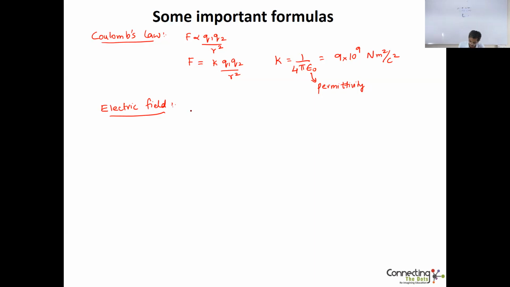Now, therefore, E is equal to the force divided by the charge. If a charge of Q coulombs experiences a force F, then the electric field at that point is given by E is equal to F by Q. And the units of E are Newton by Coulomb, because this is force by Coulomb, charge.